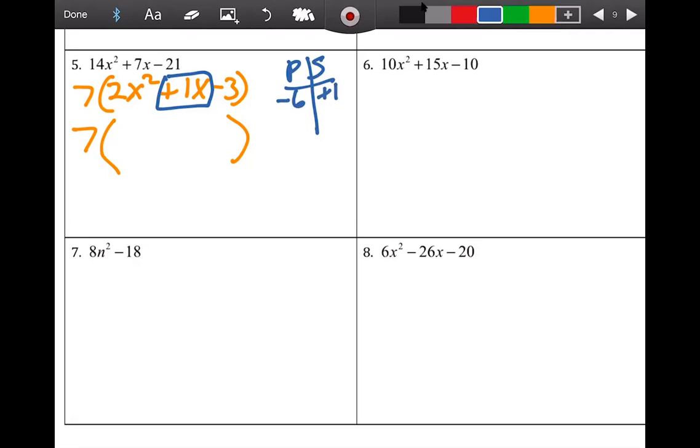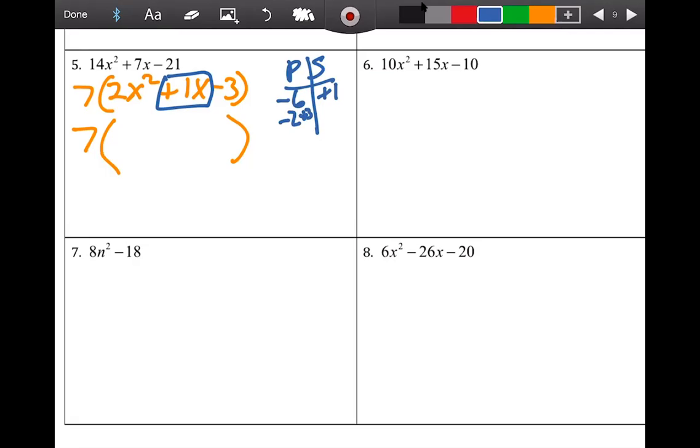Now, what would the product sum be if I want to get a sum of positive 1 and a product of negative 6? Negative 2 times 3. So minus 2 and a plus 3.